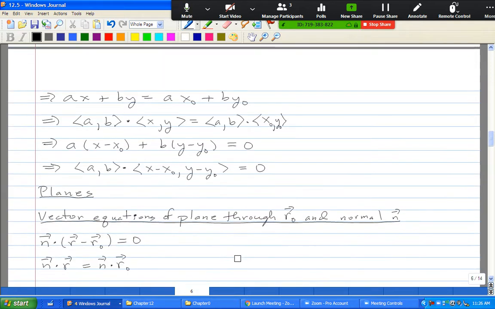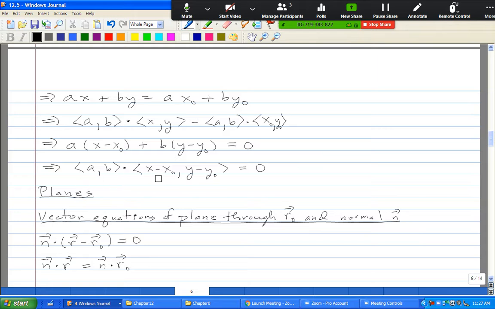Okay, so let me do the vector equations of the plane through the vector r0 and having a normal of n, the vector n. So this is just equal to the vector n dot the vector r minus the vector r sub 0, which can be thought of as this.